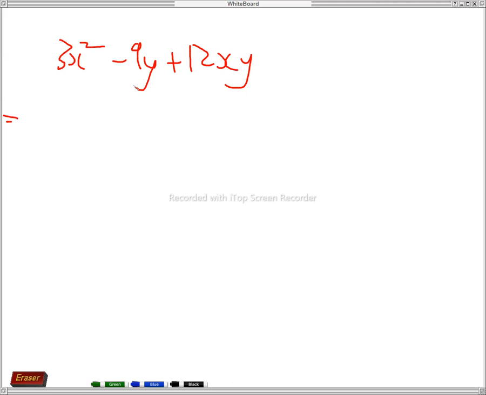So let's look at our sum here. What can we do from this sum? We can just arrange it in this kind of manner: x squared plus 12xy minus 9y.